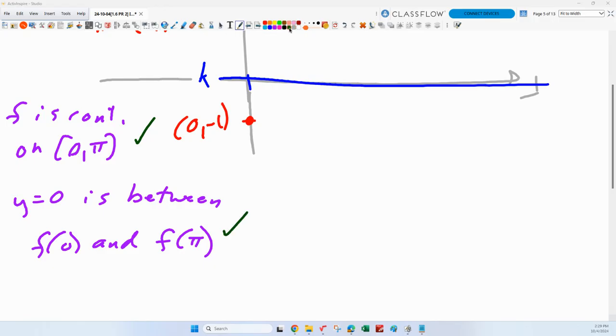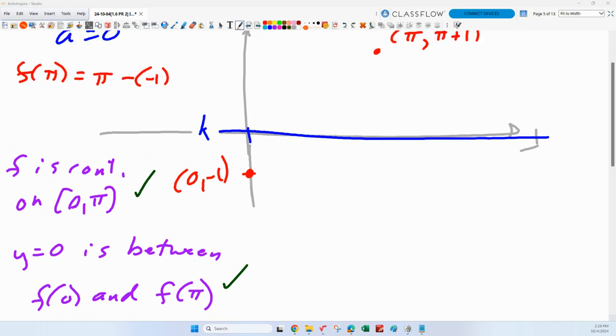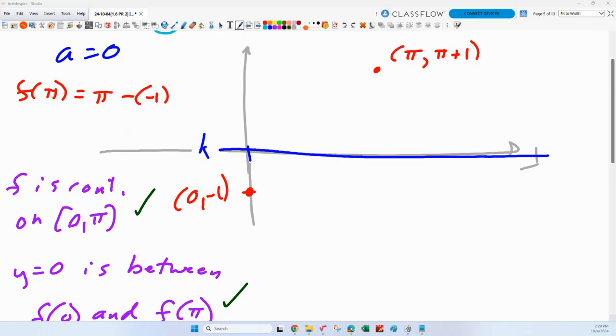Check. We met both of the two criteria, so IVT absolutely guarantees that this function has to pass through y equals 0 at least once between 0 and pi. Anybody see that? Okay, we know it has to.